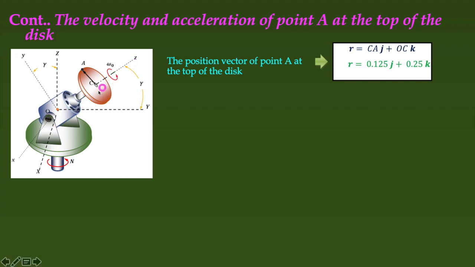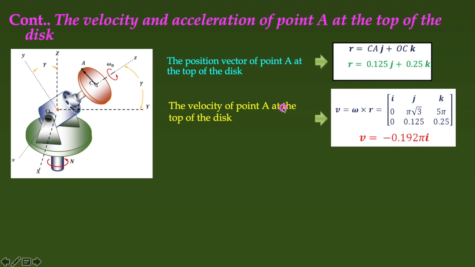And this is along the small y axis, whose unit vector is j, so CA into j. So the resultant radius vector is CA j plus OC k. Substituting the values of CA and OC, we obtain r equals 0.125 j plus 0.25 k, in meters, since 125 millimeter equals 0.125 meter.